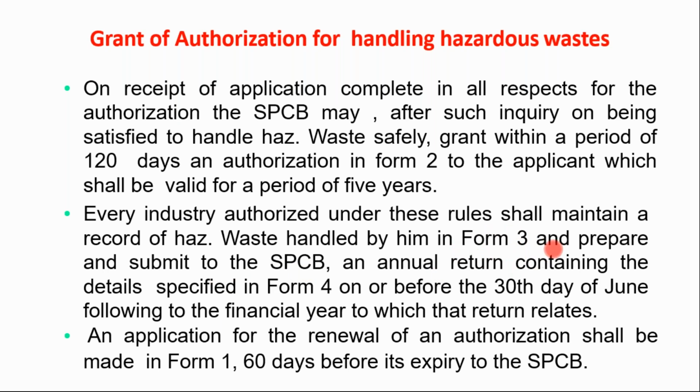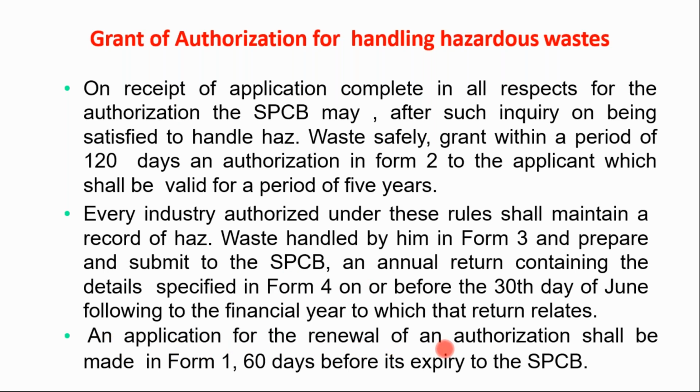So you have to prepare these records in Form 3, and that should be submitted to the respective State Pollution Control Board. An annual return containing the details specified in Form 4 is to be submitted on or before the 30th day of June following the financial year to which that return relates. So you have to submit the annual return in Form 4 before 30th June of every year.